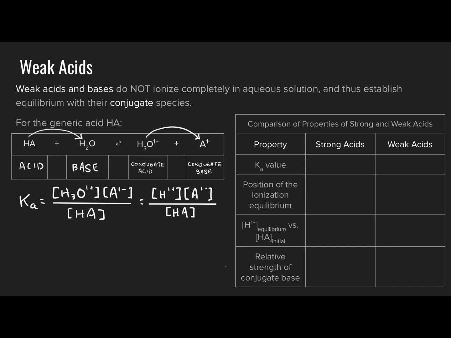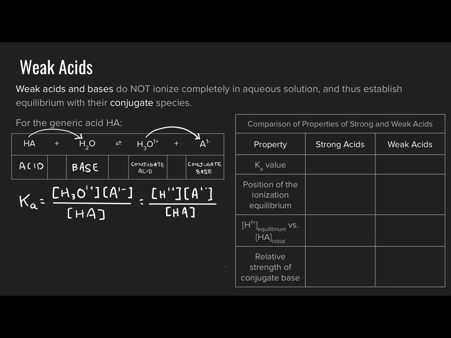So starting off with a straightforward definition, if we're looking at the K values for a strong versus a weak acid, recall the K value tells the ratio of products over reactants. For an acid's dissociation or a hydrolysis reaction, the products are the ions. In the case of our generic acid HA, it was the hydronium ion and the anion A negative.